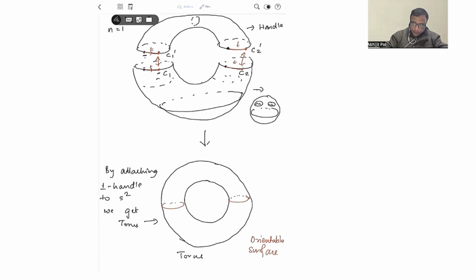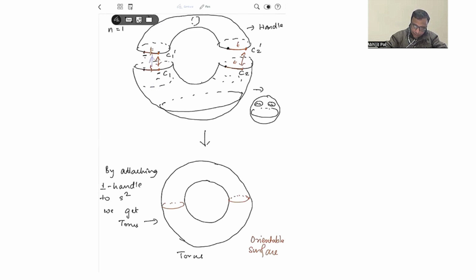Now we can attach this in two ways. One is the following. C1 and C1 prime are the boundary components: C1 is one boundary component of the lower handle, and C1 prime is a boundary component of the upper handle. You attach C1 to C1 prime just by the identity map.